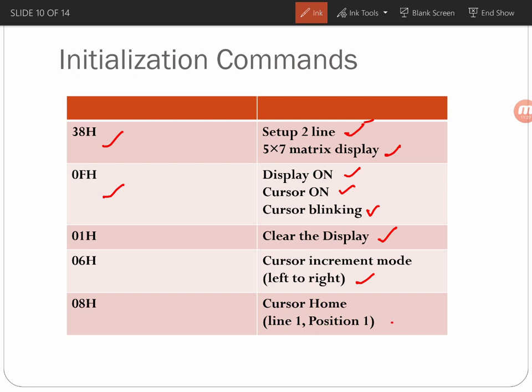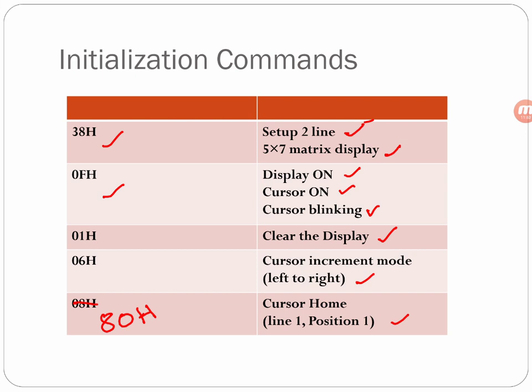And to start from line 1, position 1, we give 80H. So these are the various initialization commands to be given to the LCD controller, so that after we give the commands, we can send the data word which can be displayed.